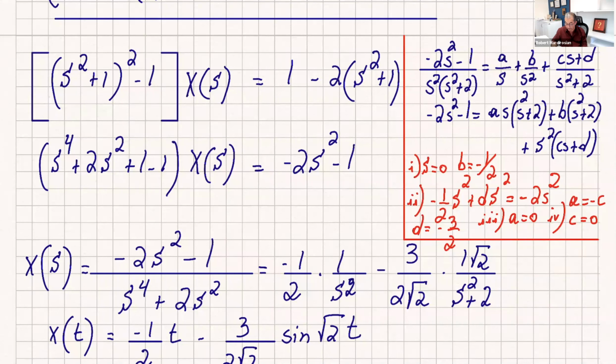So this is going to give you 2as cubed and 2as squared. But then the only coefficients of s squared are going to be b and d. But you have b, which is negative 1/2. So you can say negative 1/2 s squared plus ds squared equals to negative 2s squared. Basically, if you take these out, then you get negative 1/2 plus d equals to negative 2. Solve for d, you get negative 3 over 2.